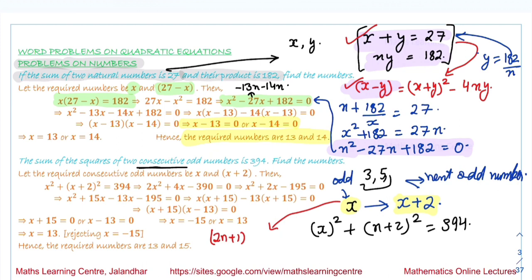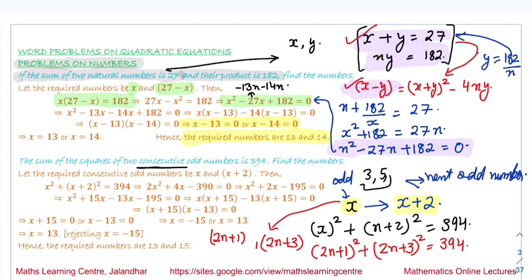Any odd number will be of this form. The next odd number will be 2n plus 3. Now what is given to us? Sum of squares of two consecutive odd numbers. So it means 2n plus 1 whole square plus 2n plus 3 whole square is equal to 394.